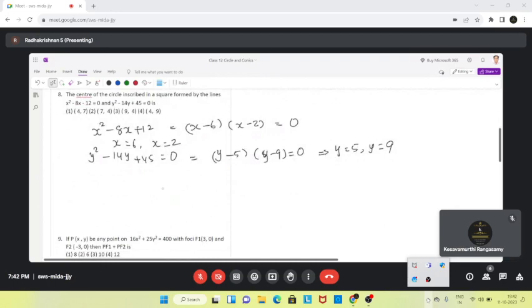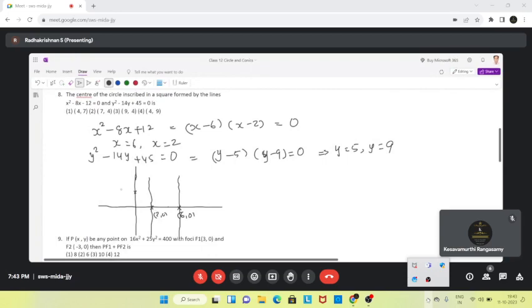Now let's draw these lines. So where is x equal to 6? x equal to 6 is somewhere here. x equal to 2. And then y equal to 5 and 9.